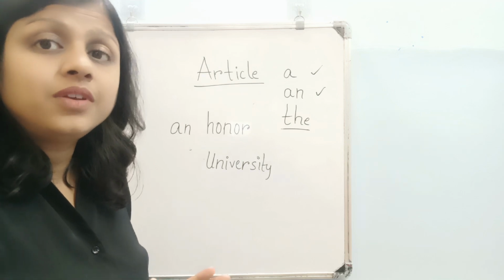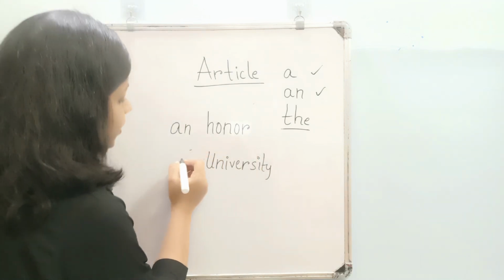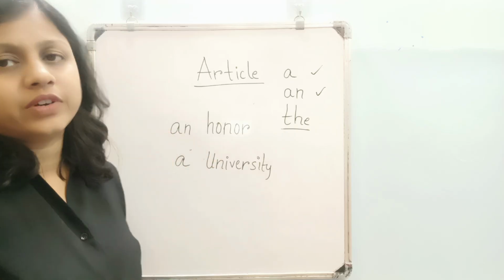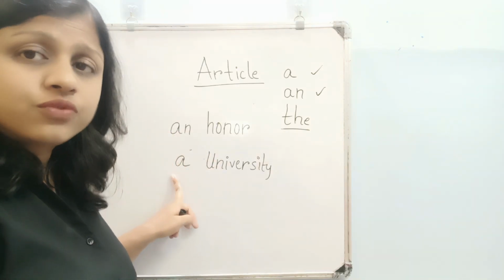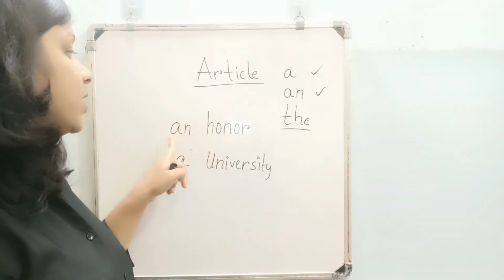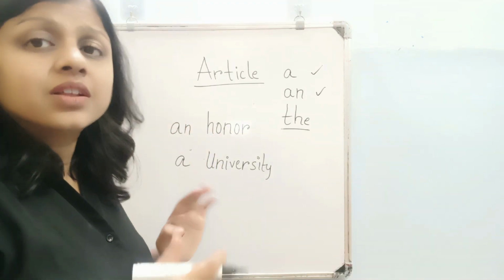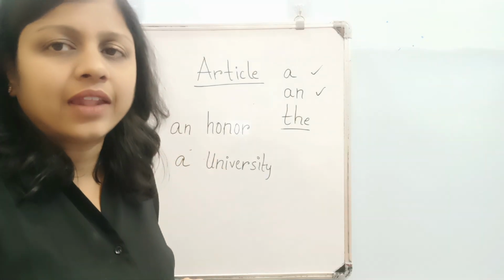A Y sound is coming, which is a consonant sound. So we will write a university. Though it's starting with a vowel letter, we have to follow the sound. It's starting with a consonant sound.